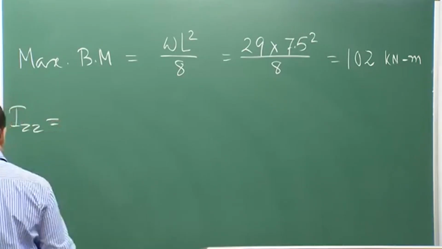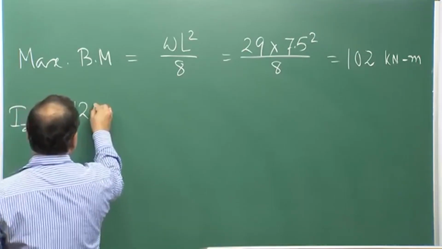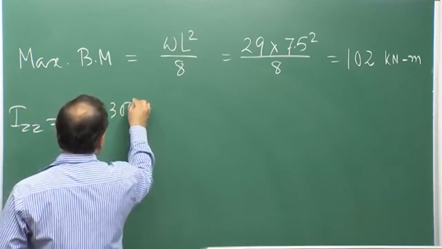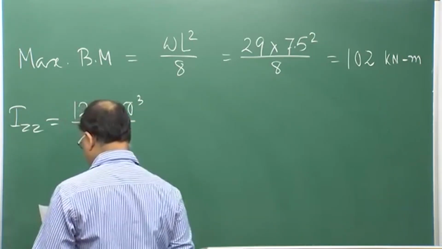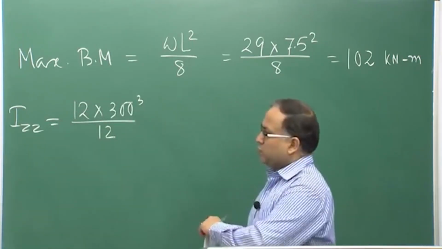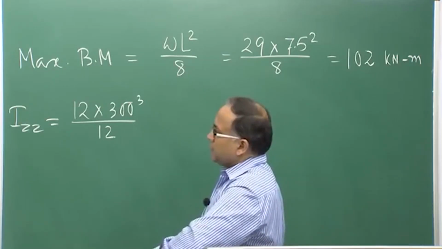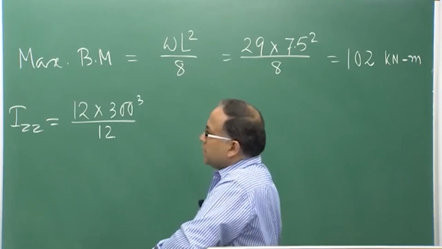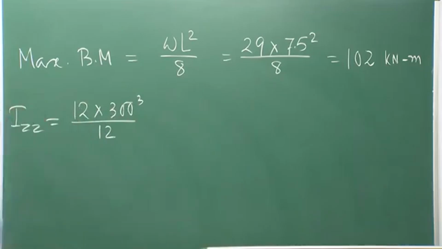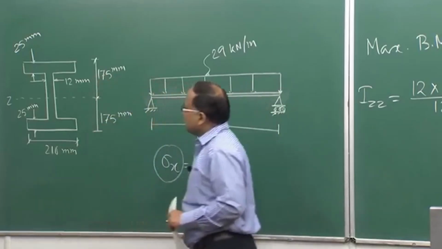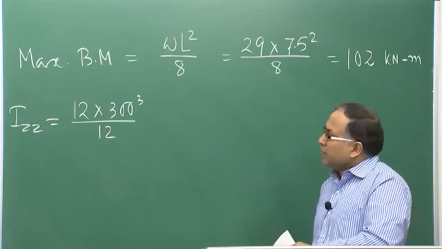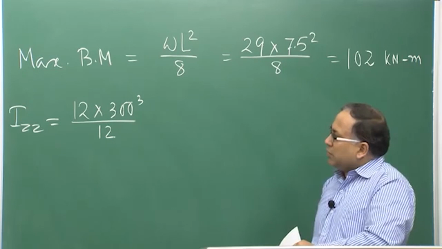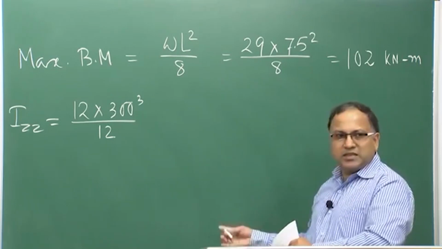IZZ will be equal to 12 into 300 cube by 12, where 300 is 175 plus 175, the total height, into 12 divided by 12. This is the way you can find it out.